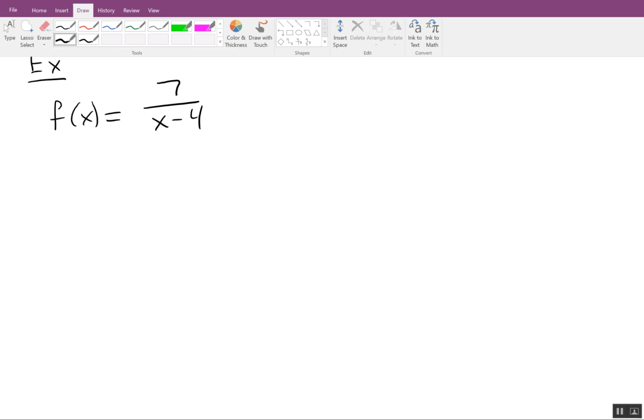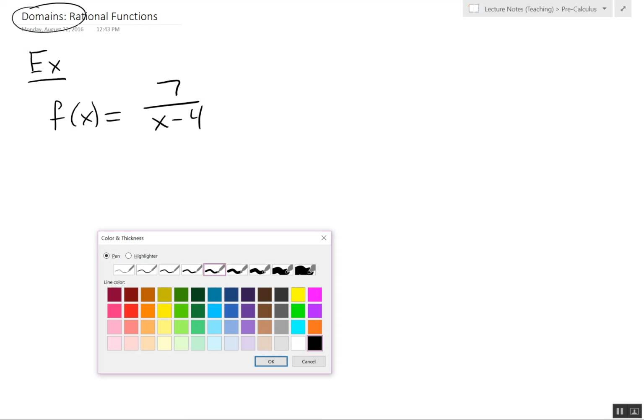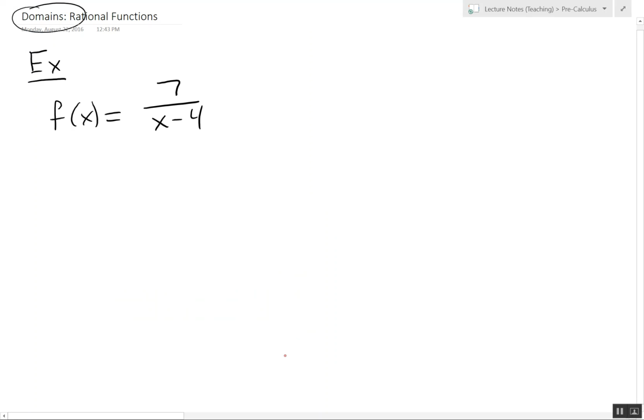So the idea here, let me change the color pencil, is that we want to figure out what values of x make this function undefined.